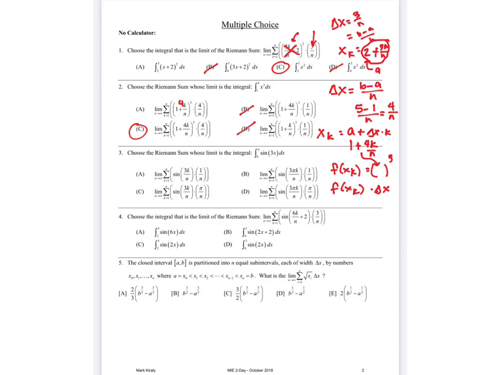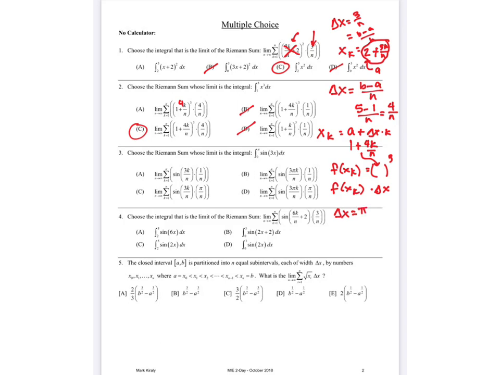Let's try number 3. Number 3, it says, choose the Riemann sum whose limit is the integral from 0 to pi of sine of 3x. So my delta x piece of information is going to be what? B minus a over n.